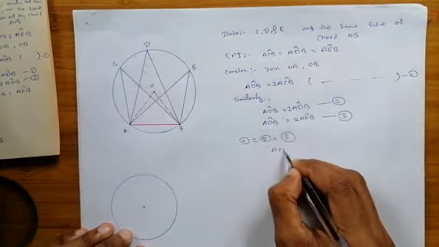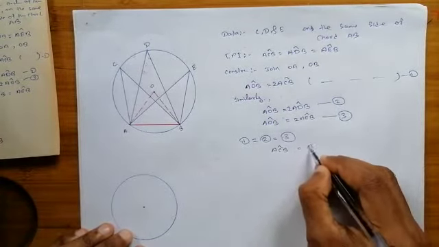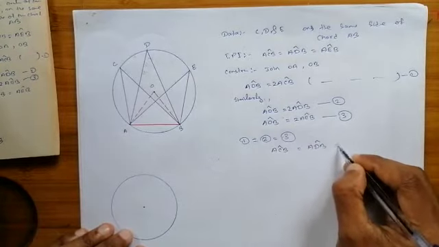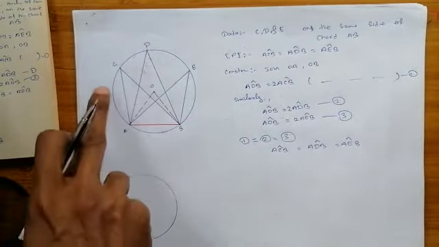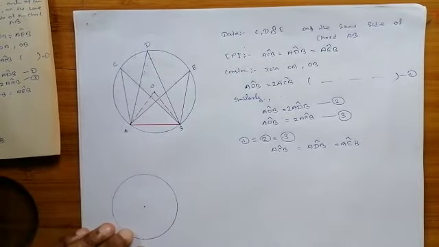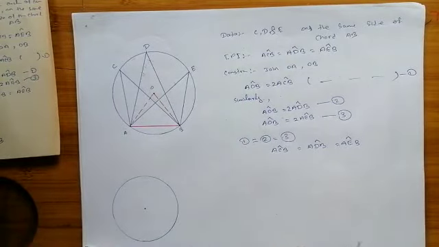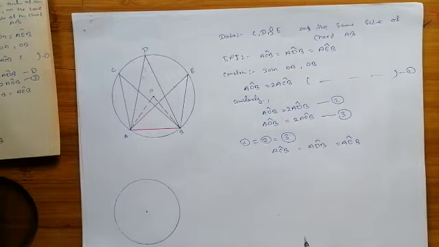So ACB equals ADB equals AEB. The angles in the same segment are equal. That is our theorem, so we can write the theorem.